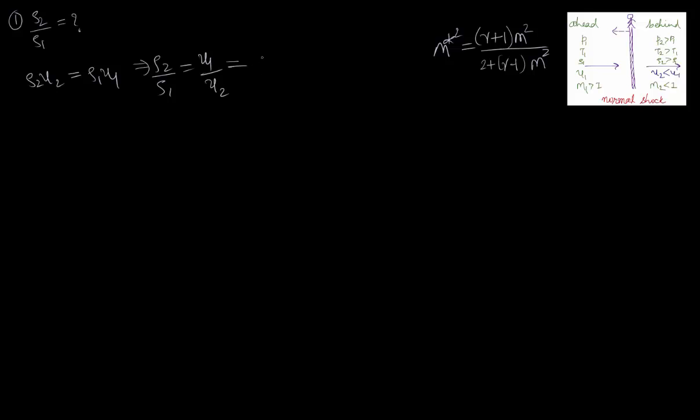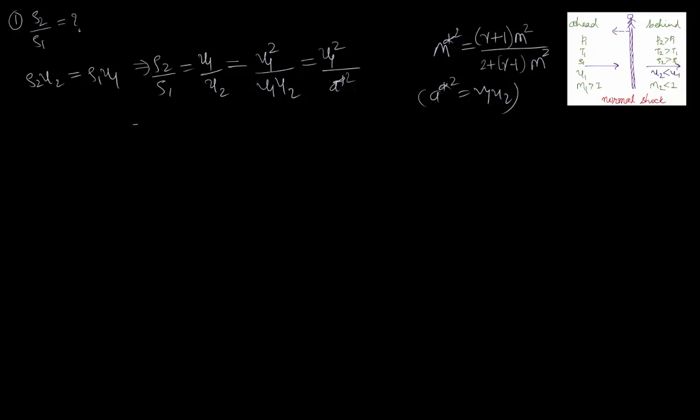Now multiply and divide this equation by U1. In the numerator U1 square, denominator U2 U1. We know from Prandtl relation that U1 into U2 is A star square.